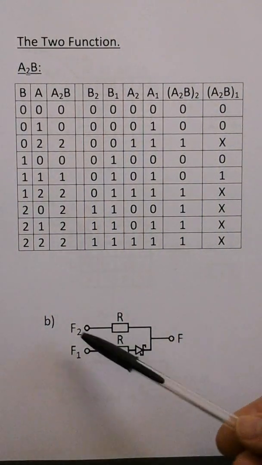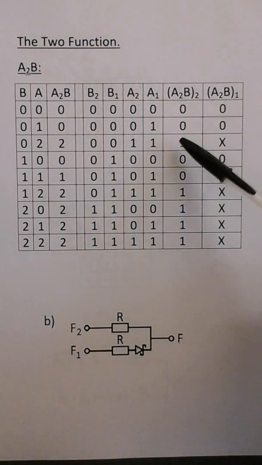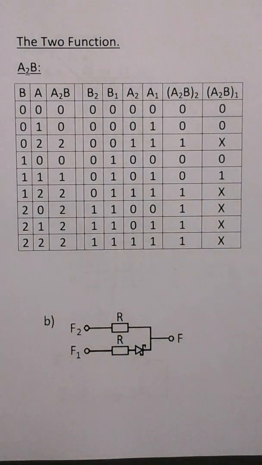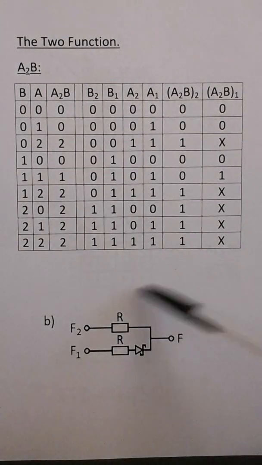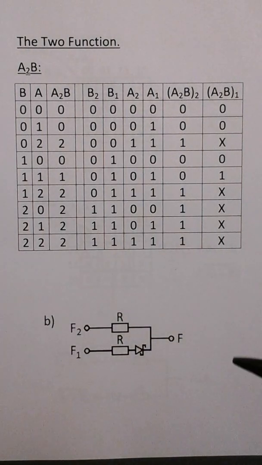So when F2 is a 1, F1 can be a 0 or a 1. So this is A0, B2 being a 1, and A2, B1 being a 0 and 1, which is noted by an X here and here. Okay. So I should mention that this diode resistor network is in my video called Binary Implemented Ternary Logic Circuits, which you'll need to look up.